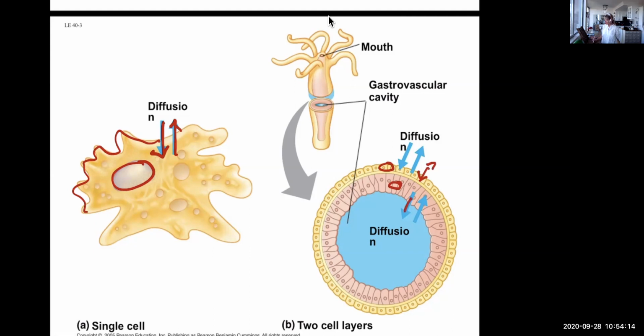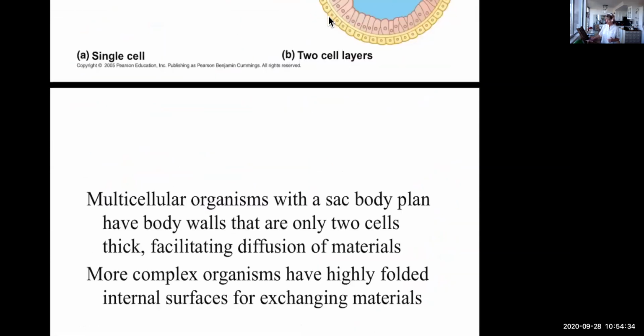These cells tend to diffuse food that's been trapped in this gastrovascular cavity, but they don't have a cardiovascular system. Instead, all of the cells have to be in contact with both the water on the outside or with the gastrovascular cavity. That's the only way they can get materials in and out of all the cells.